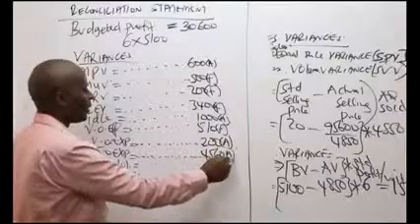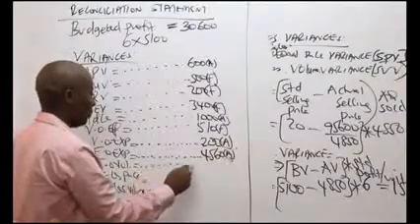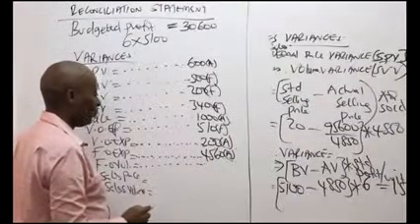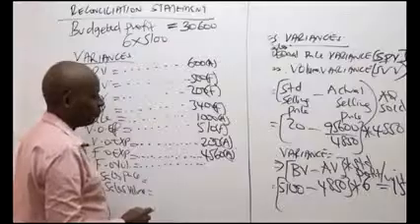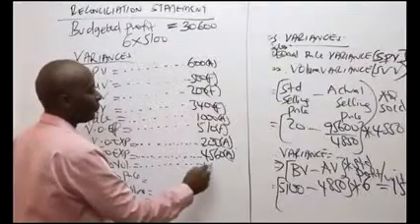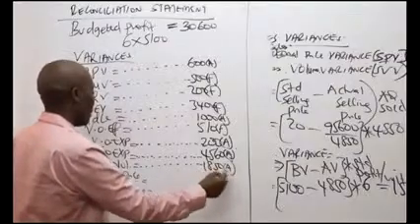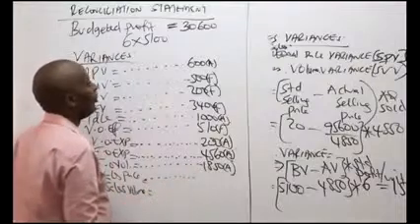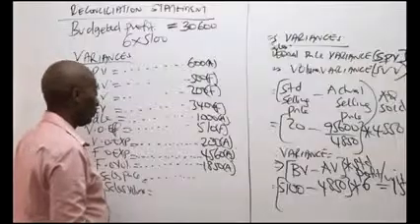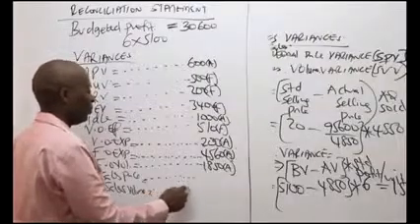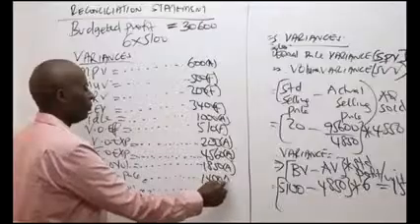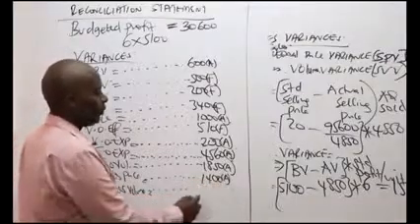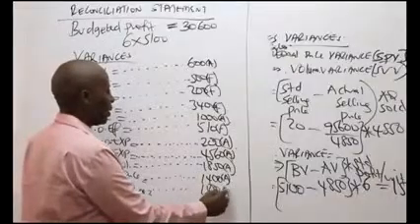Thank you. Volume: 1850 adverse. Sales price: 1400 adverse. Sales volume: 1500 adverse. Thank you very much.